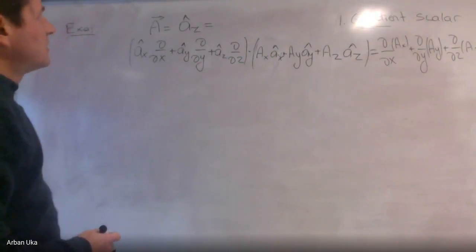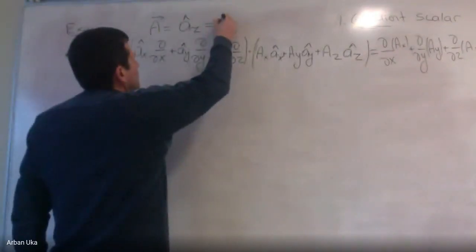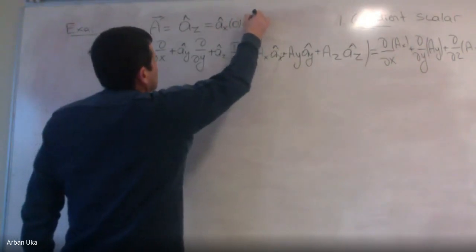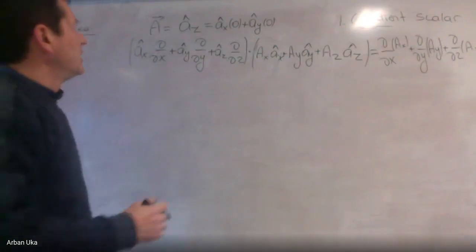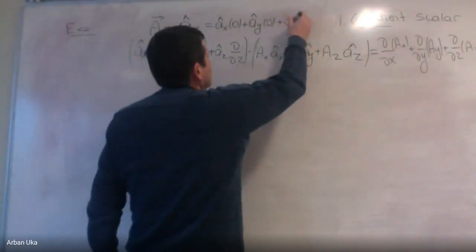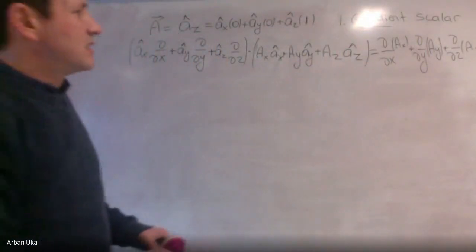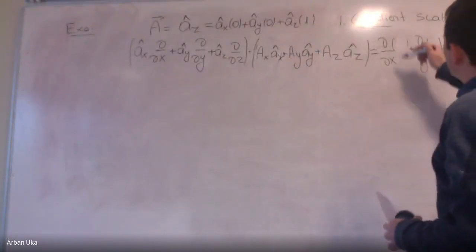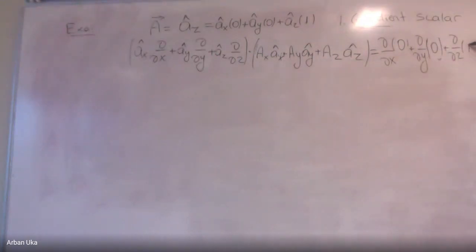So let's try to identify first of all how can we write this one? What is the component along the AX? Is 0, right? What is the component along the AY? Is also 0. And what is the component along the AZ? It's 1, okay? It's a constant number 1, which means that if we come here at this divergence expression, we have to take the derivative with respect to x of the 0, which is 0, the derivative with respect to y of the 0, and the derivative of the 1 with respect to z.